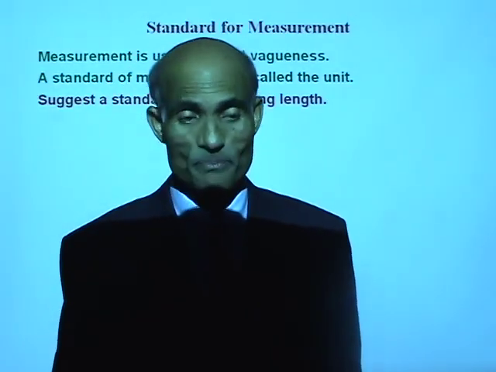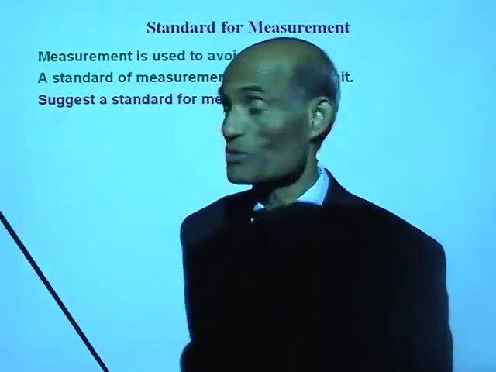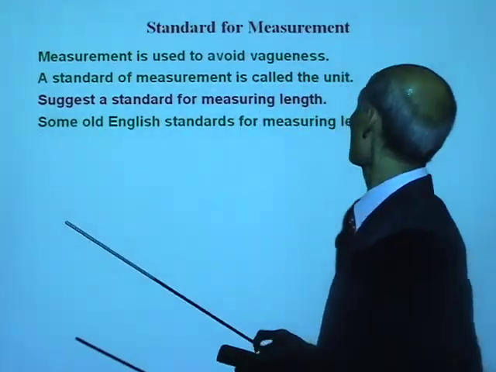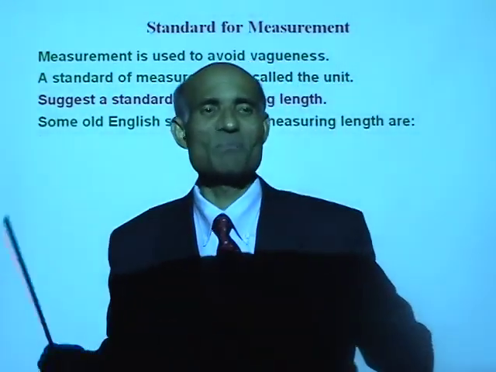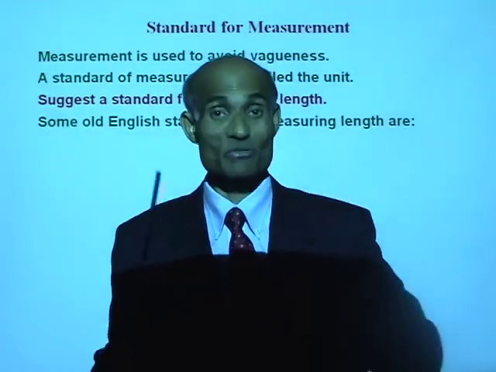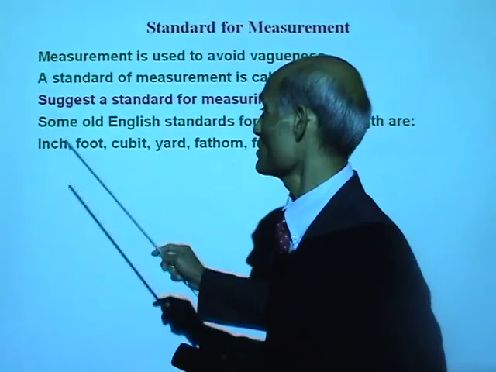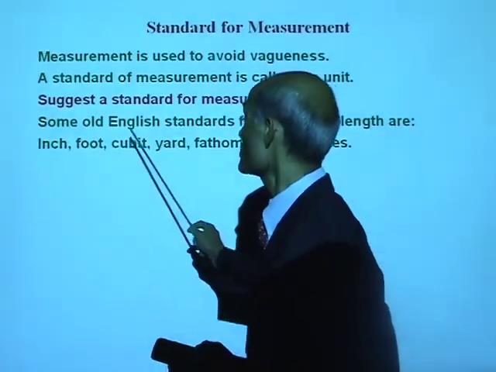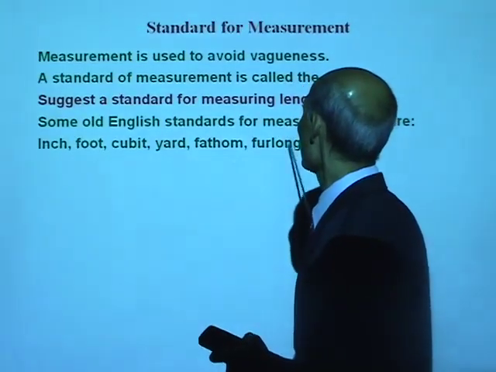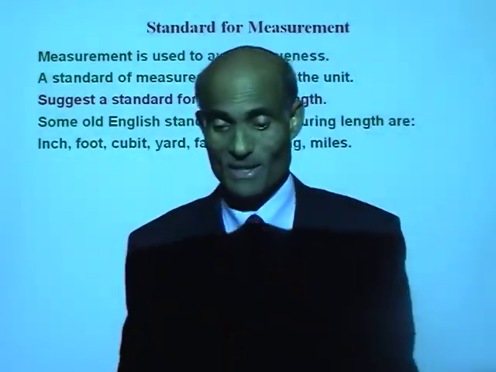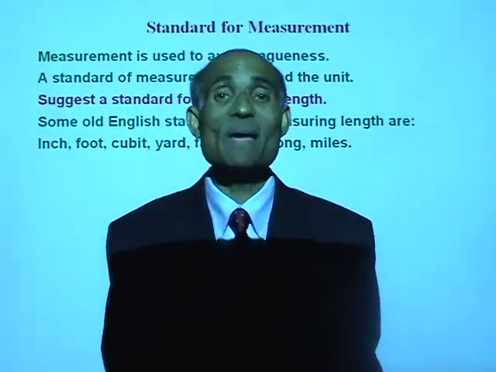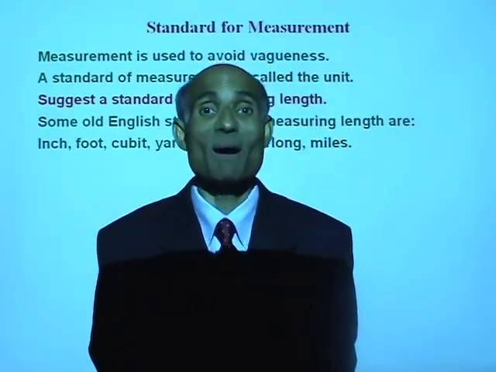as we go on. Well, so some old English standards for measuring length. What are some of the old English units for measuring length? They are very interesting. Now, you know them, don't you? Inch, foot, cubit, yard, fathom, furlong, miles. Now, all these units, if you notice, they are all based on human body parts.